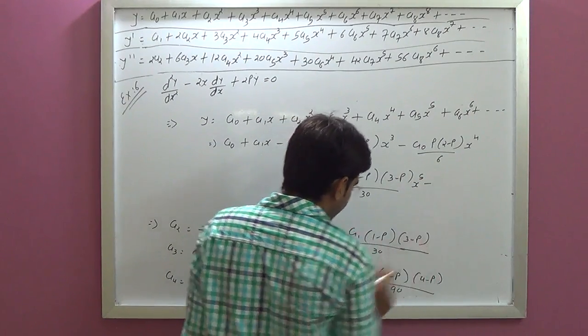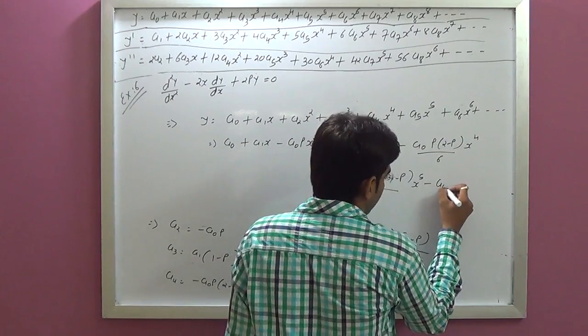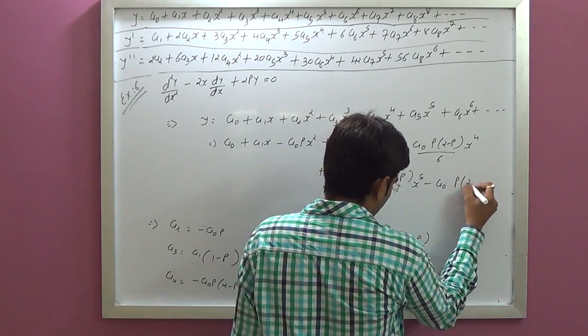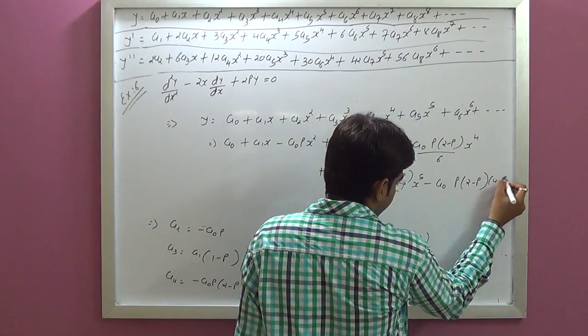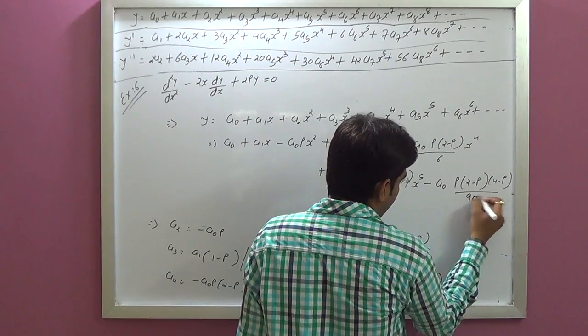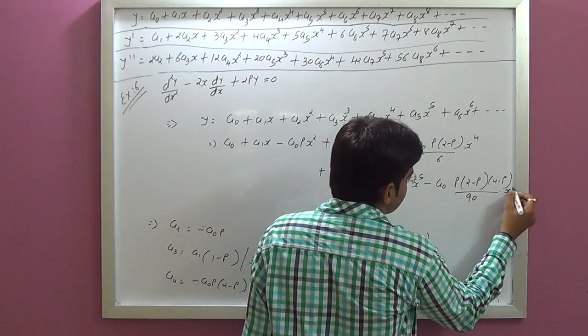Again a6 value is minus a0p 2 minus p 4 minus p upon 90 into x raised to 6.